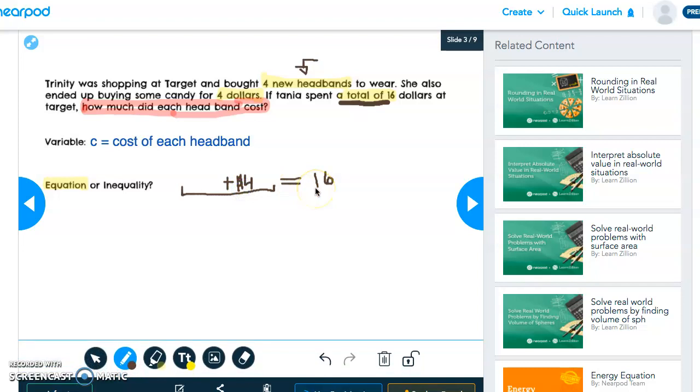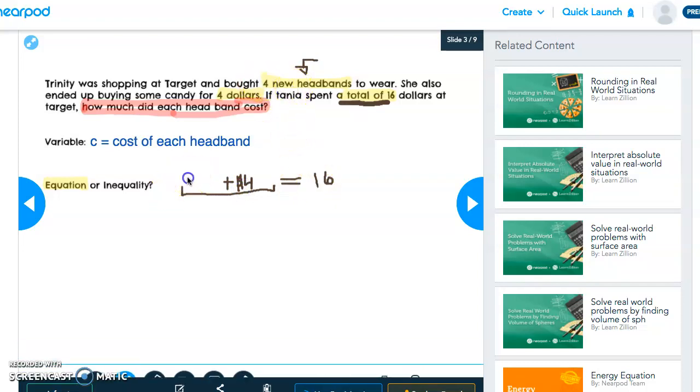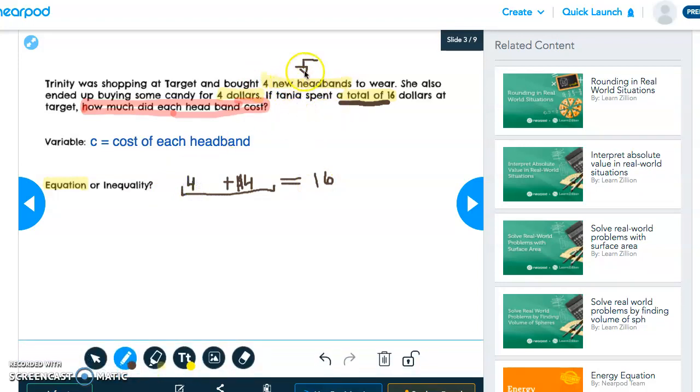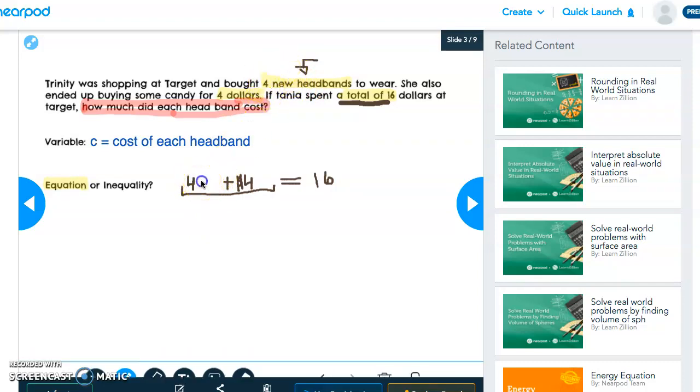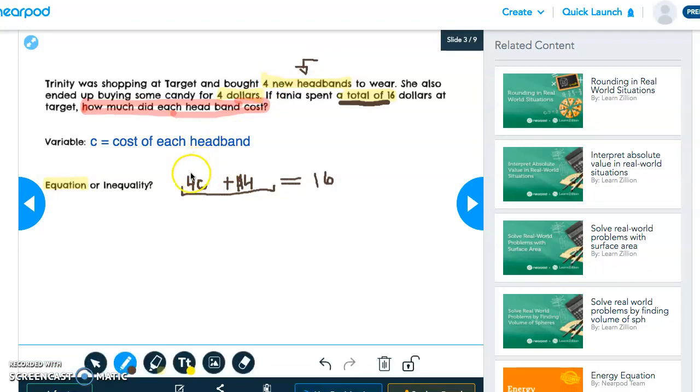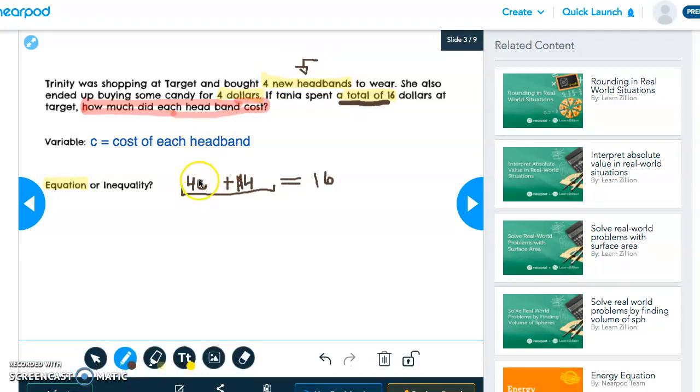Now, she bought 4 new headbands, but we don't know the cost of that. So if I want to figure out how much she spent on the headbands, I would have to multiply 4 with the cost of each headband. And that is what would give me how much Trinity spent on the headbands. So what is our equation?